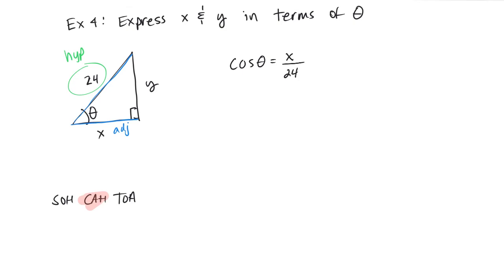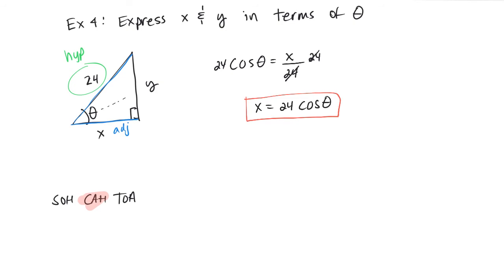And I'm supposed to write x in terms of theta. So that just means solving for x. Multiply both sides by 24 there. So I have x is equal to 24 times cosine of theta. Okay, let's try this with y.